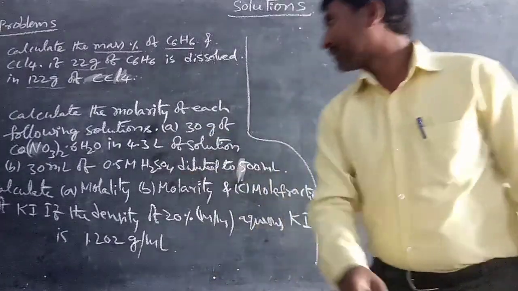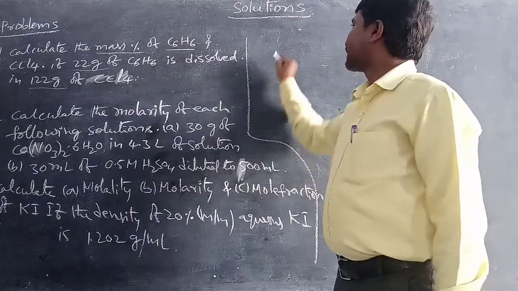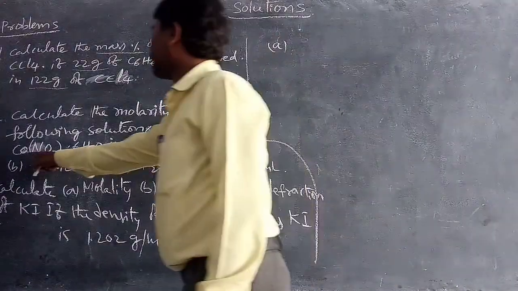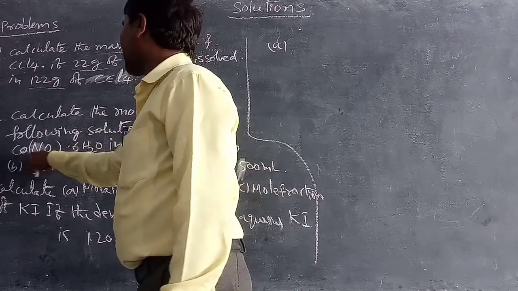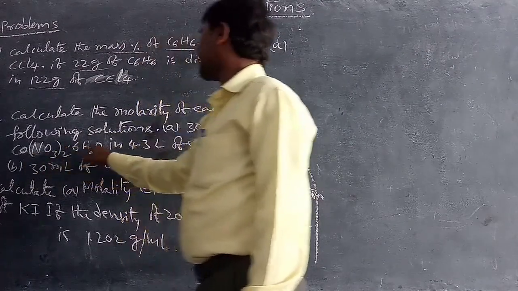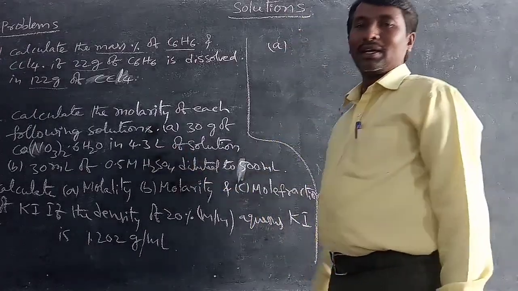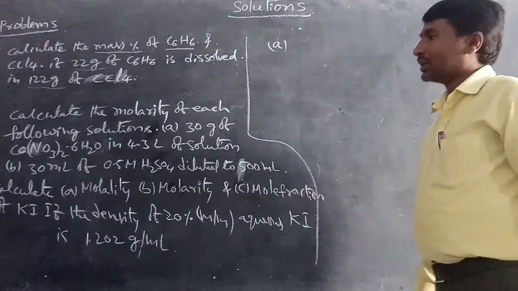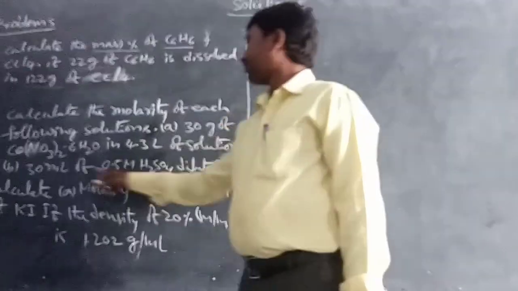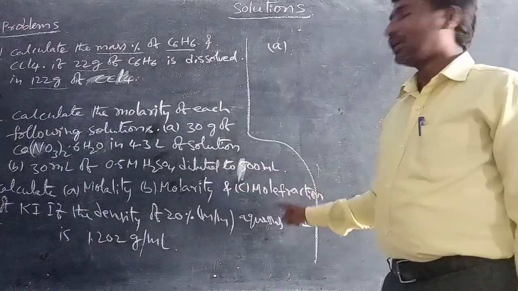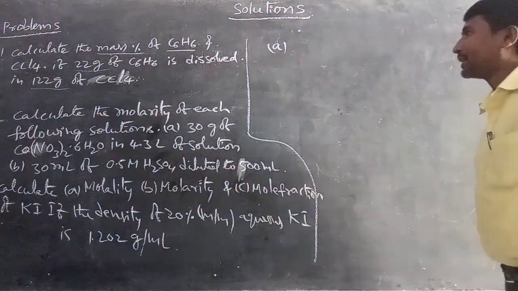A: 30 grams of Co(NO3)2·6H2O in 4.3 liters of solution, and B: 30 ml of 0.5 M H2SO4 diluted to 500 ml.